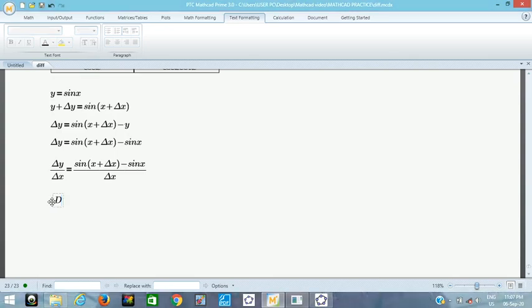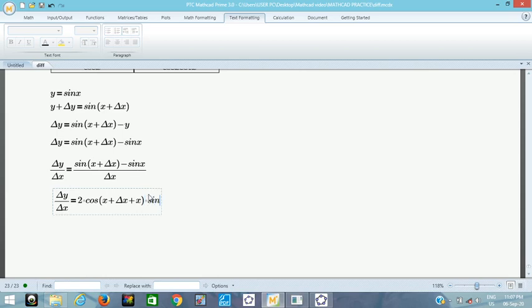We have delta y divided by delta x, which is equal to, the numerator will now be 2 cos, open bracket, we said A, so this A is x plus delta x, plus this value here, which is x, so x plus x, then that is that, 2 cos this.